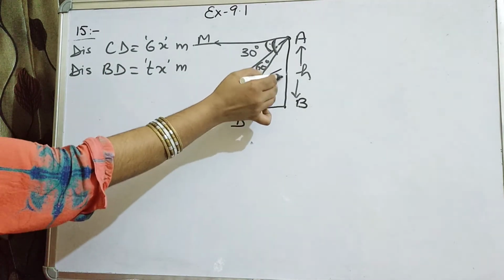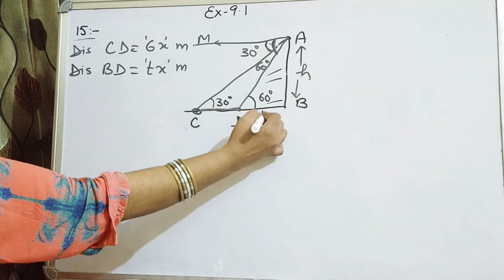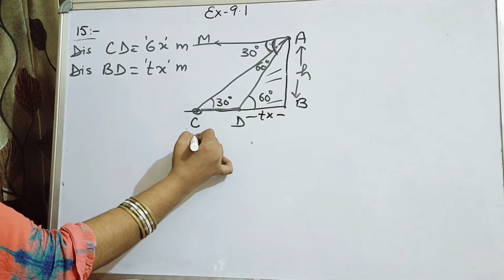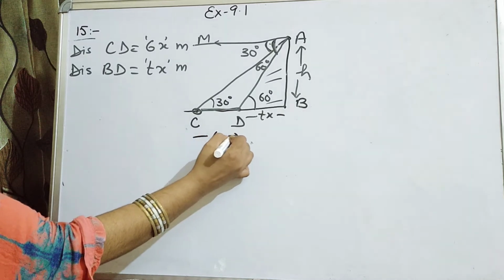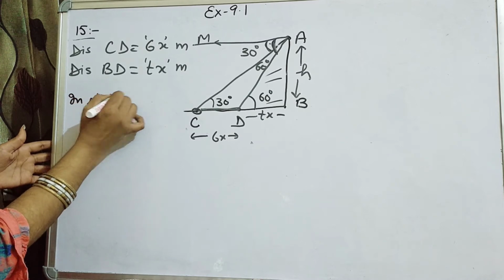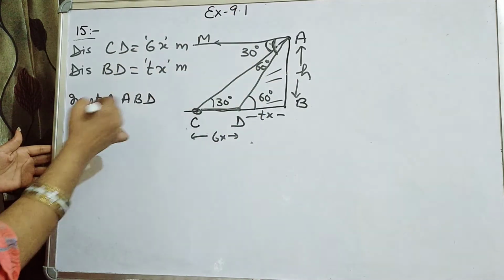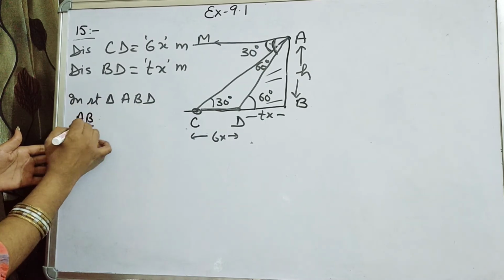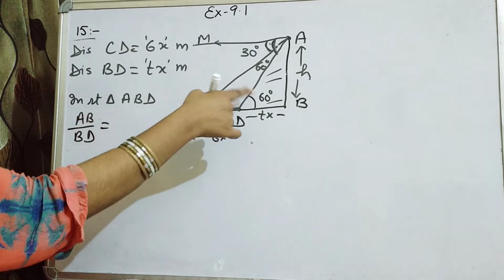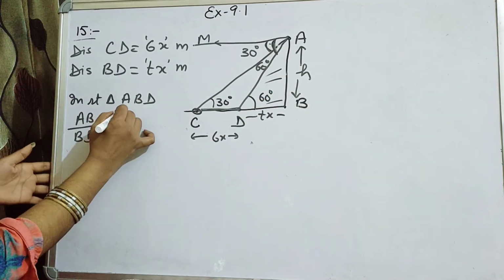So I am taking first the right triangle ABD, where this is Tx and this is 6x according to the question. Now in right triangle ABD, H by Tx, that means AB by BD. For this angle, this is perpendicular by base, and perpendicular by base is tan.